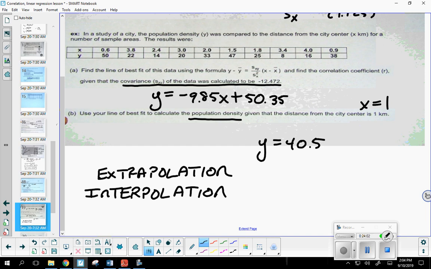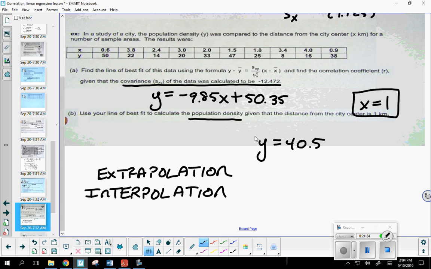Yeah, because this value of X belongs to that set of data. What's the smallest X value we have here? And what's the largest? Looks to me like it's going to be 4. So anything between those values, this is probably going to be a pretty reasonable prediction.